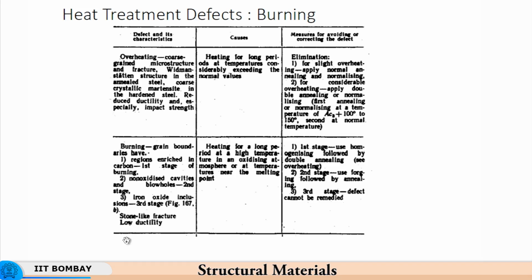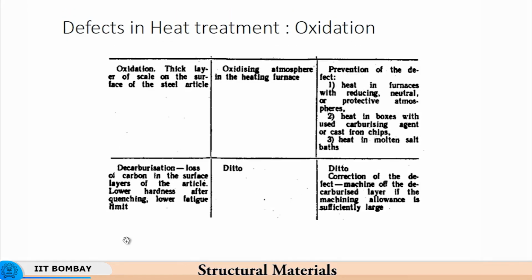Burning is something that happens when there is oxidation at the grain boundaries. If you get oxidation at the grain boundaries, it means that the atmosphere in which the material has been heated is bad, plus there could be overheating. So, there can be two things, one is overheating plus attack of oxygen, due to which you have rusting taking place at the grain boundaries, and then the material will disintegrate. Then you have oxidation because of again the problem with oxidizing atmosphere.